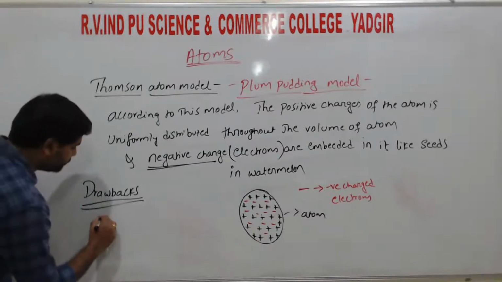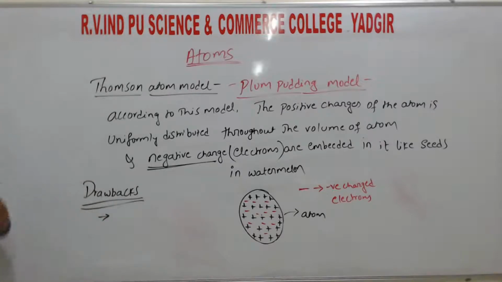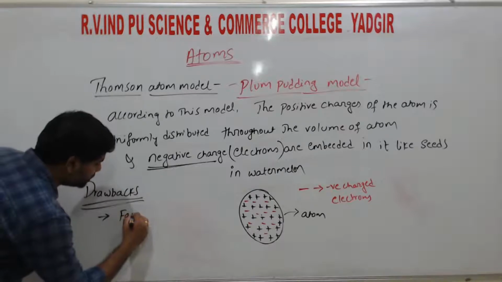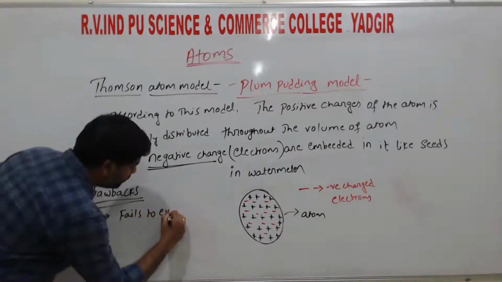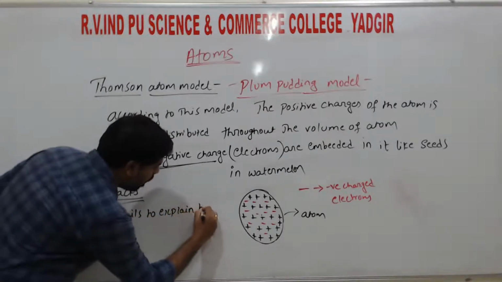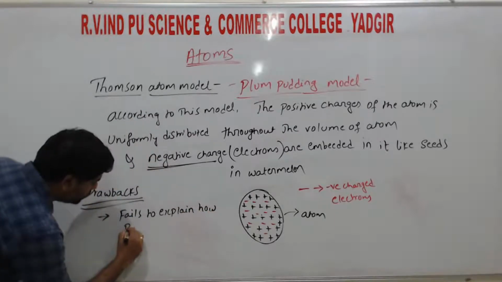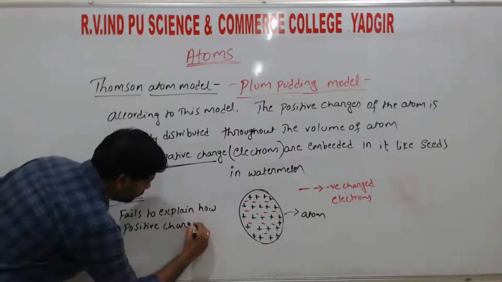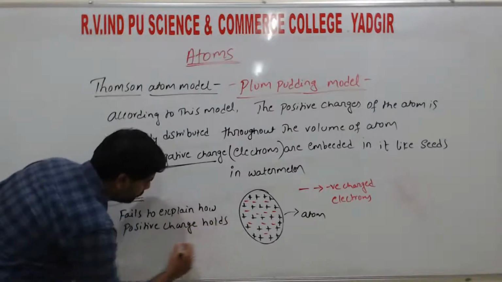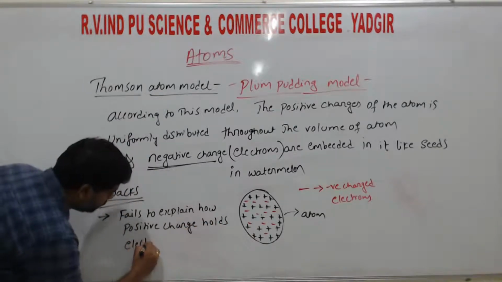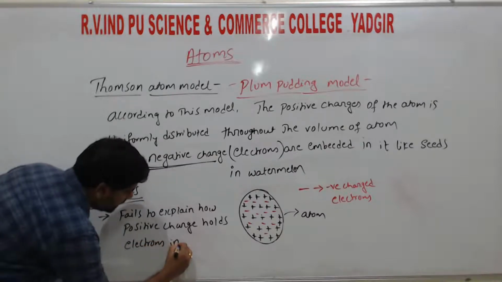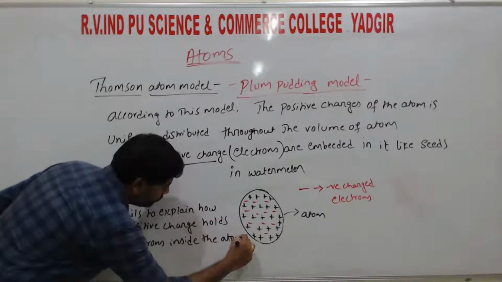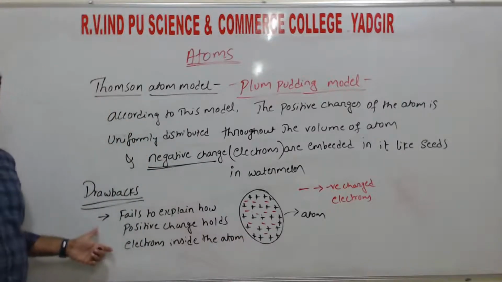So in that first one, Thomson's model fails to explain how the positive charge holds electrons inside the atom. Right? So this is the first drawback.